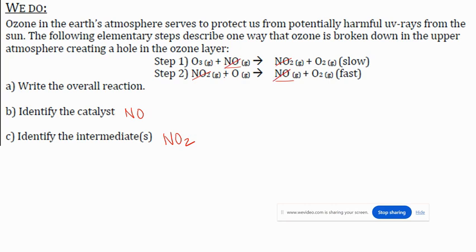I'm going to get rid of my intermediates, and then I'm going to rewrite this equation. So I have O3 plus O yields 2O2. And I balance. And that, my dears, is Unit 5.